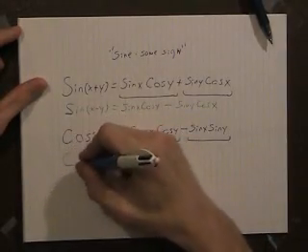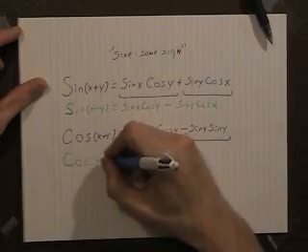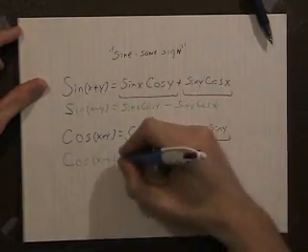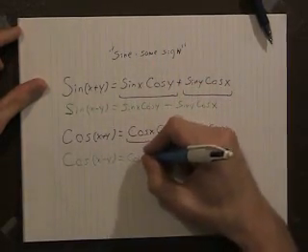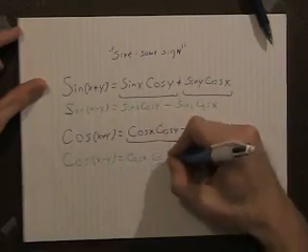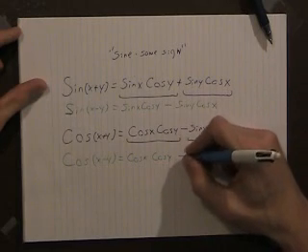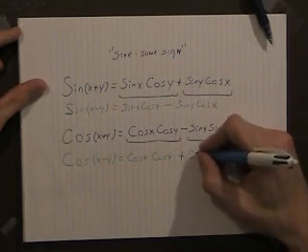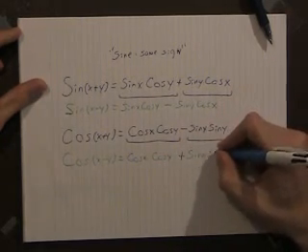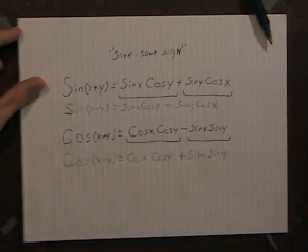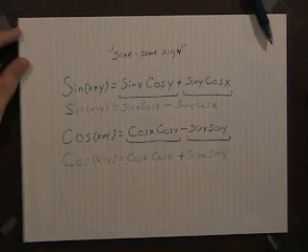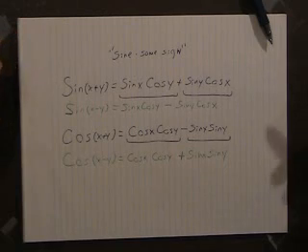And if I want to write out the difference formula for cosine, that's just going to be cosine of x minus y. Space goes coast to coast says it's going to be cosine x cosine y. And since sine has the same sign, the cosine formula has the opposite sign. Sine x, sine y.